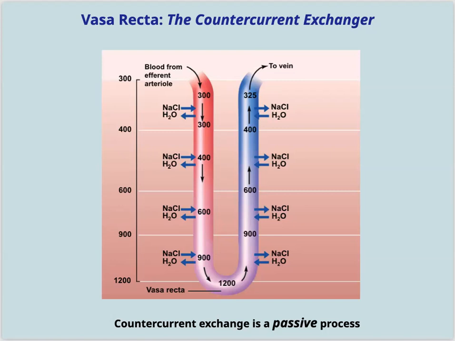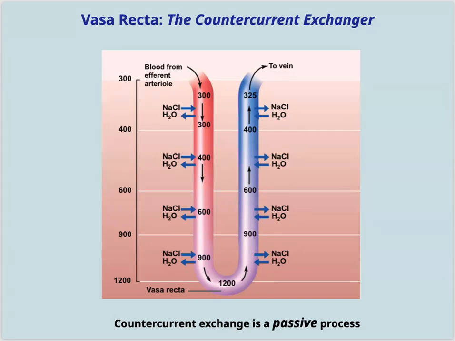And the countercurrent exchange occurs between each segment of the vasa recta and its surrounding fluid. As a result, we see that the blood within the vasa recta remains nearly isoosmotic to the surrounding fluid.